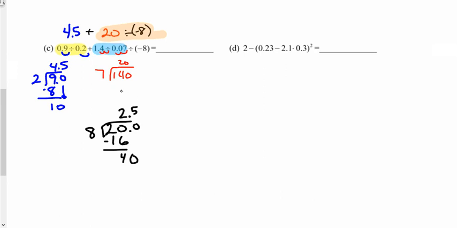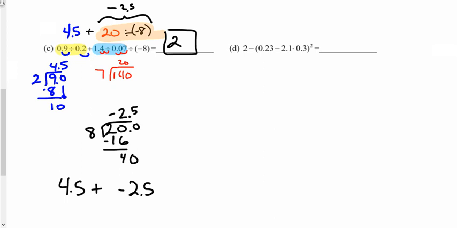Now here's the other thing: I noticed this was a positive divided by a negative, so my answer will be a negative. So this whole thing right here becomes negative 2.5. Now I'm finally there. 4.5 plus negative 2.5. That's the same as 4.5 minus 2.5. That just gets us 2.